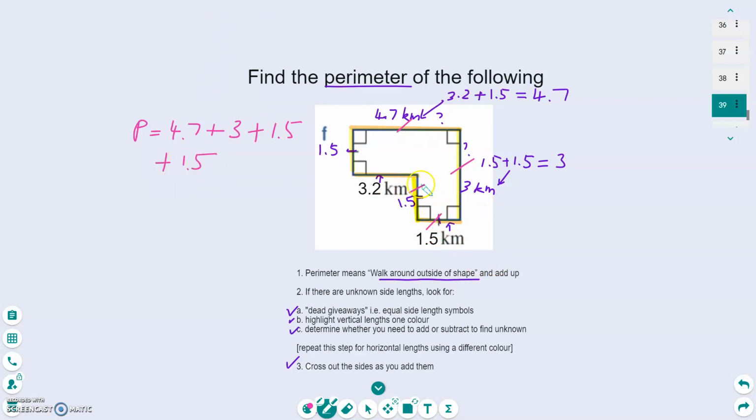Don't forget that little one in here. Plus 3.2 plus 1.5. Add them all up. Plus 1.5. 15.4 units of perimeter. Well, it's all in kilometers. So that's the answer to this one.